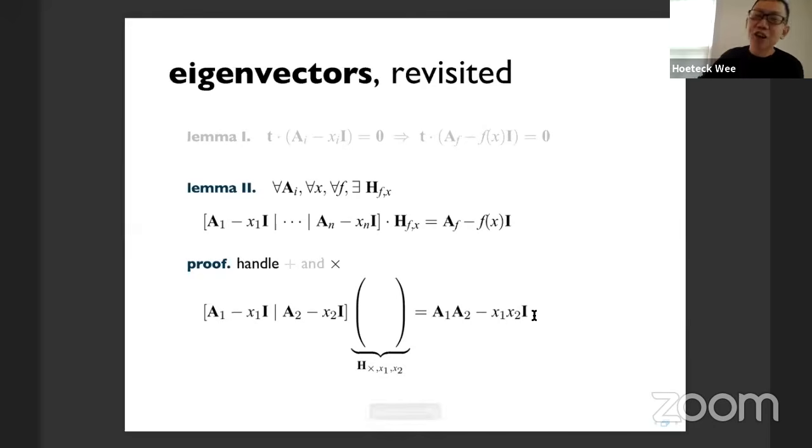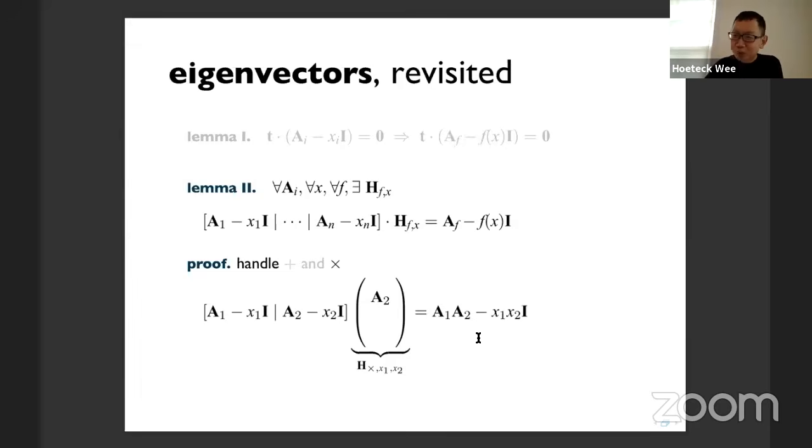Again, now you want this times this to be A1 times A2 minus X1 times X2 times I. So what are we going to do? We're going to try to make this part match up. So I'm going to take A1 and multiply by A2 over here. Then I need to fill in the bottom part so that you get the thing on the right hand side.